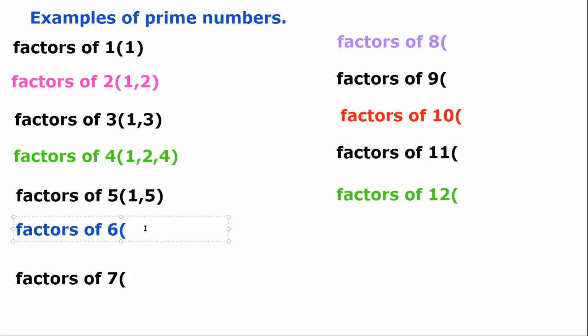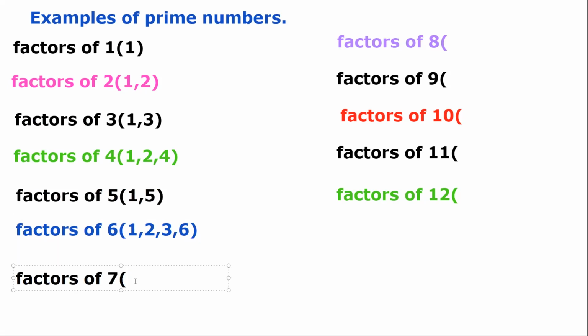Factors of 6: 1 times 6 will give you 6. 2 times 3 can also give you 6. 3 times 2 can also give you 6. 4 times anything can never give you 6. 5 times anything can never give you 6. And then 6 times 1 can also give you 6. Okay, good.